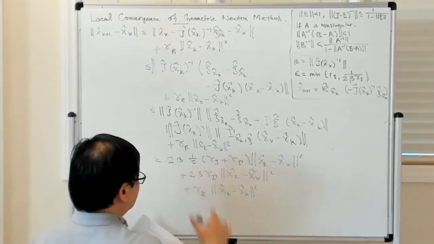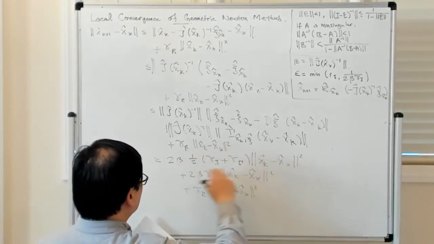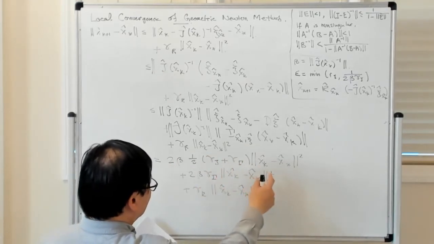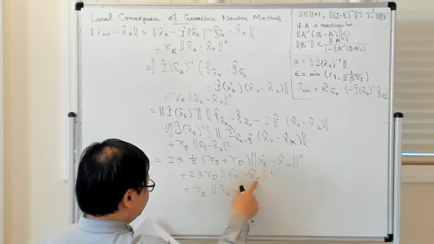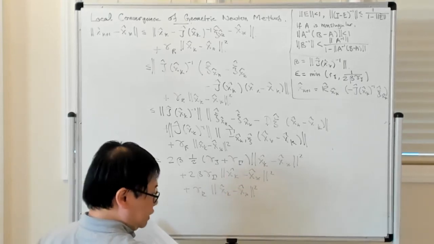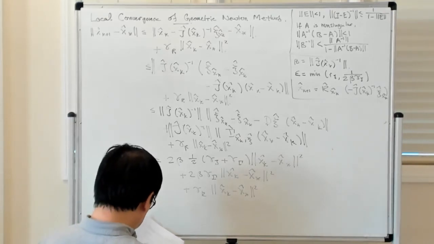So you'll see that we can sum up all these constants, and what will happen on the right hand side is basically some large constant multiplied by the square of the difference between x_k and x star. So that's showing you that you have this quadratic rate of convergence.